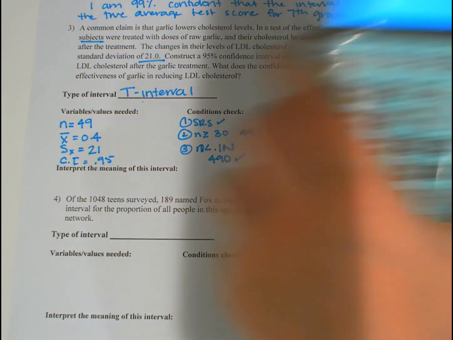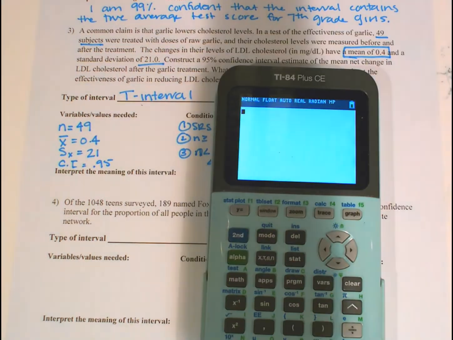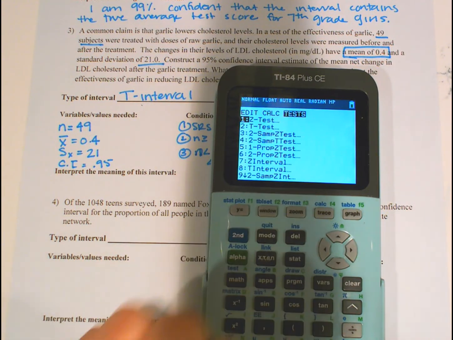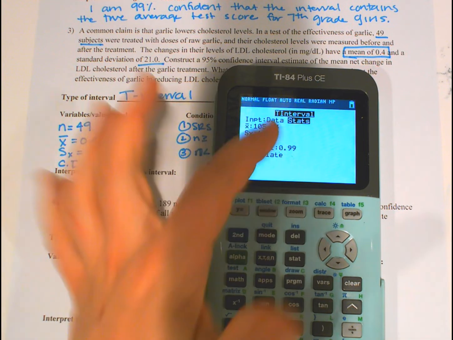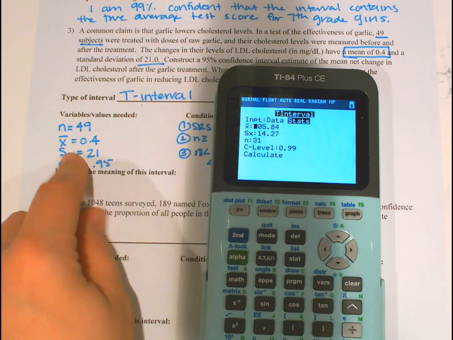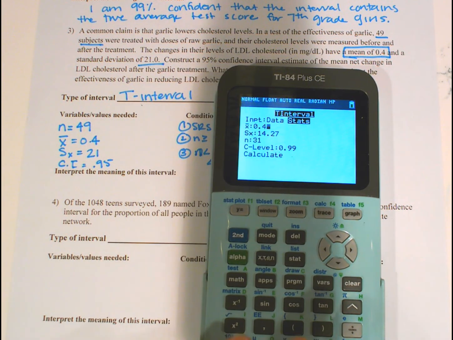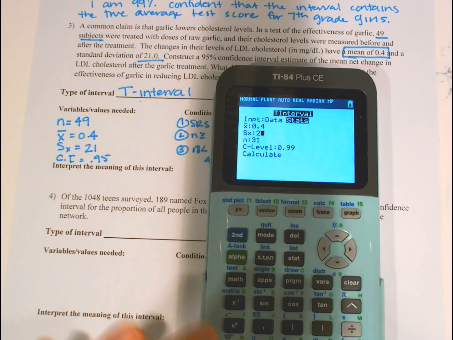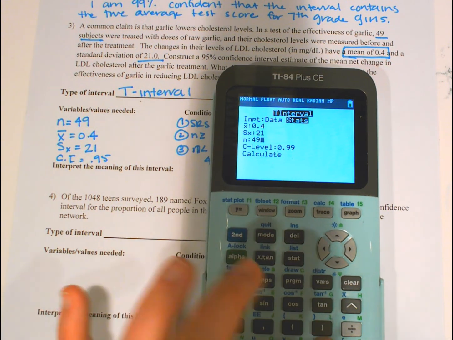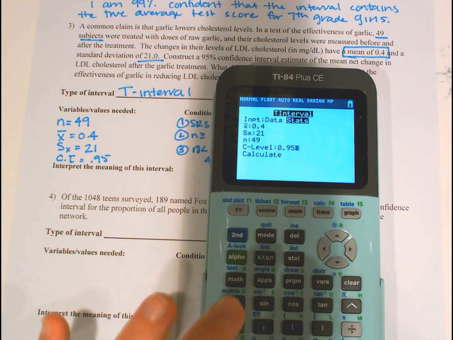To do that with our calculator, we'll hit stat, go over to test, down to t-interval. I'm using stats here because I know my mean is 0.4, my standard deviation is 21, and my n value is 49, and I want a 95% confidence interval.